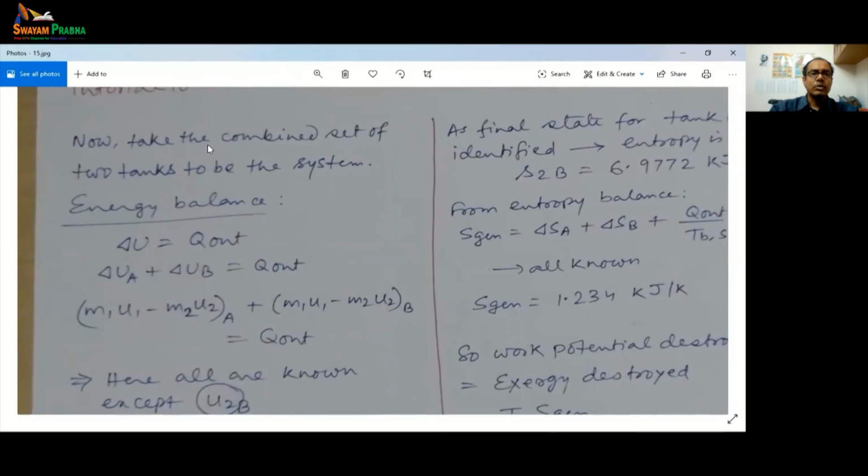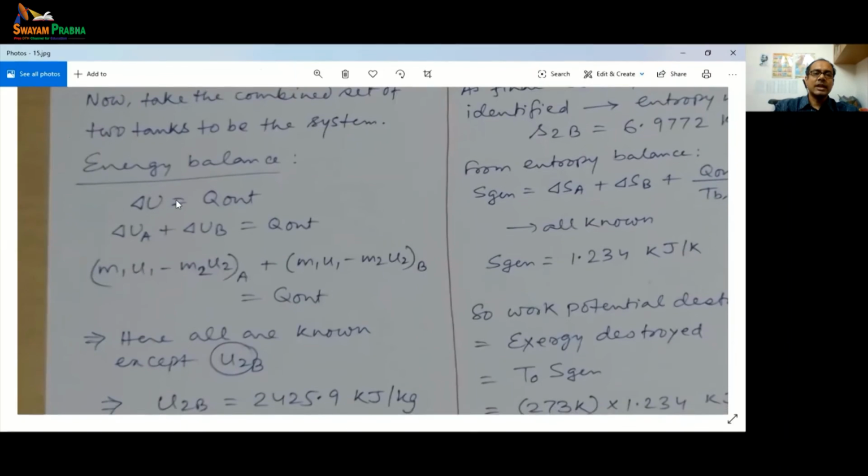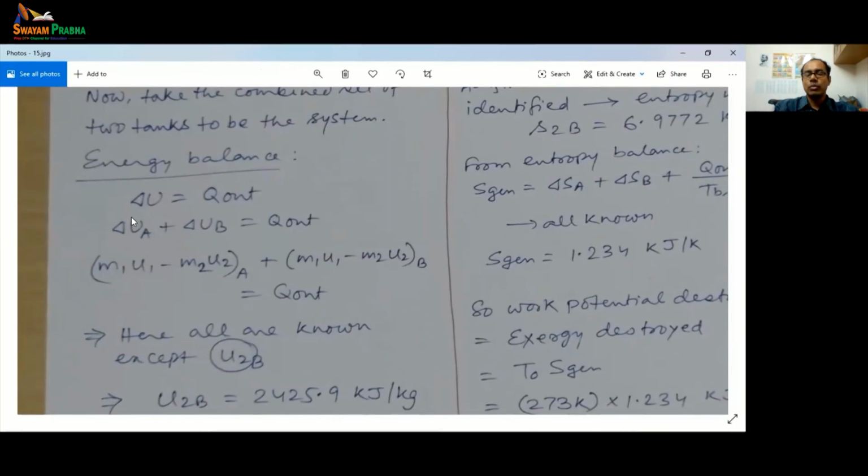Now we will take the combined set of two tanks and apply the energy balance. The energy balance will tell us that whatever internal energy change happens will be equal to the heat that has been lost to the environment. So delta UA plus delta UB will be equal to Q out.